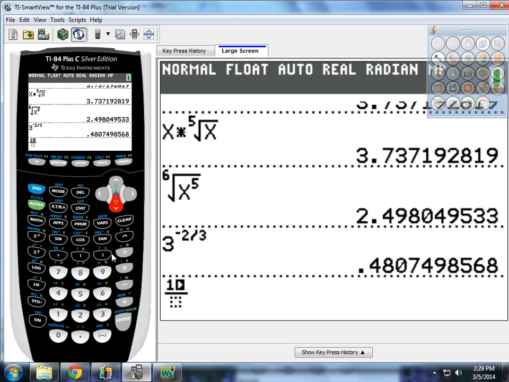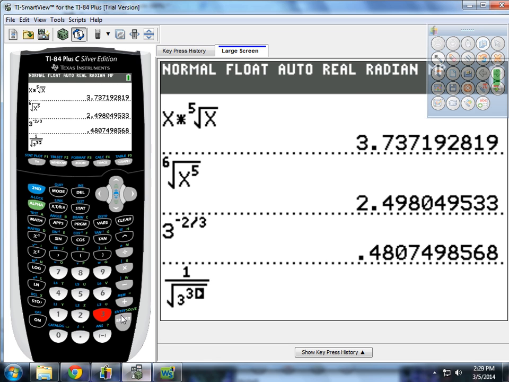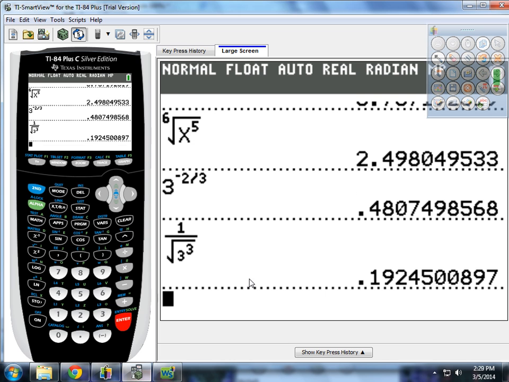On bottom I have the square root of 3 to the 3rd. So second x squared, 3 to the 3rd. And then I'm going to press enter. Now, did I get the same thing here as I did in my original problem? No, so I can mark out A. A is not the proper answer.